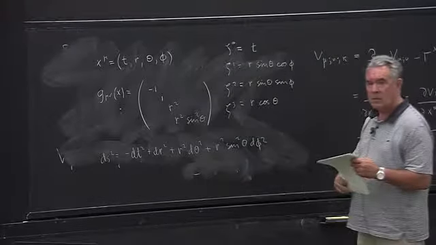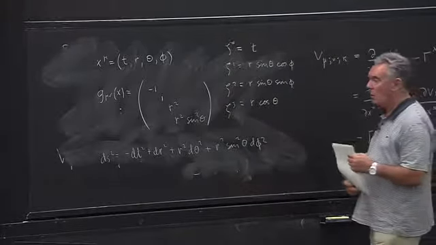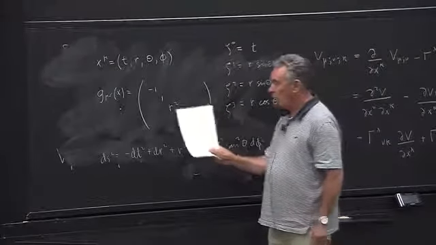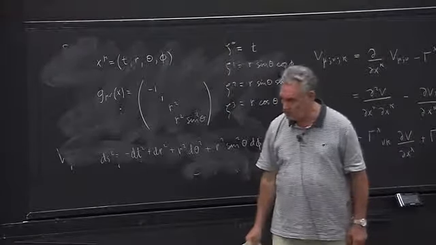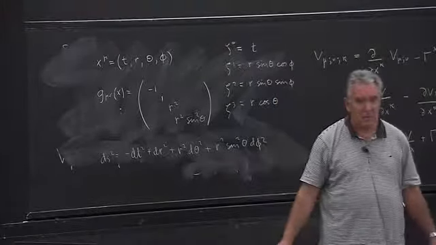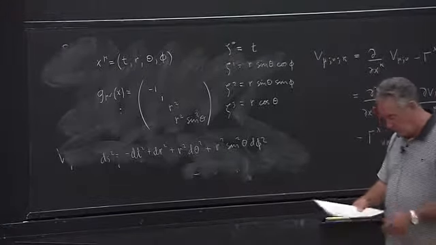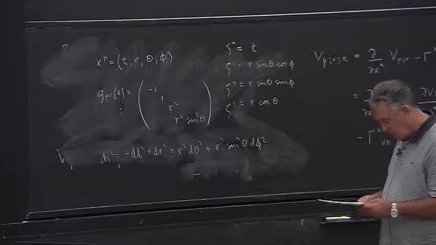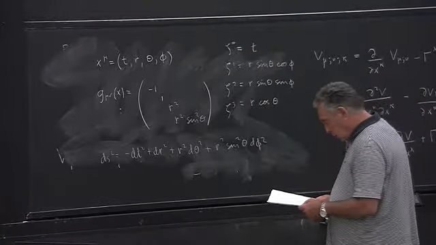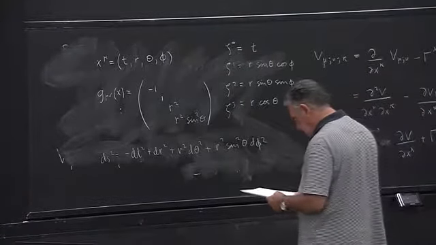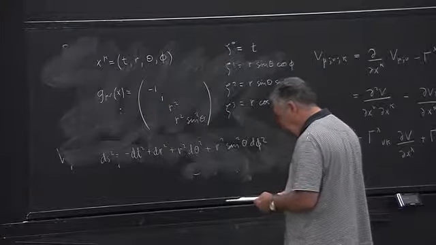So just transforming from Cartesian coordinates to polar coordinates gives you a metric that depends on the coordinates, but it doesn't mean that space is curved. It's just flat space written in polar coordinates.